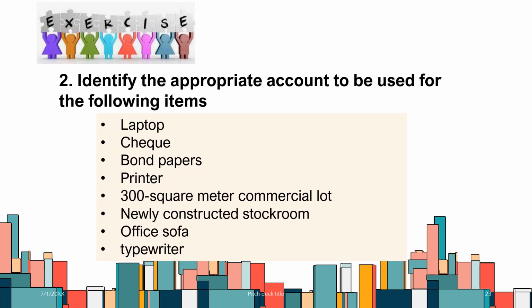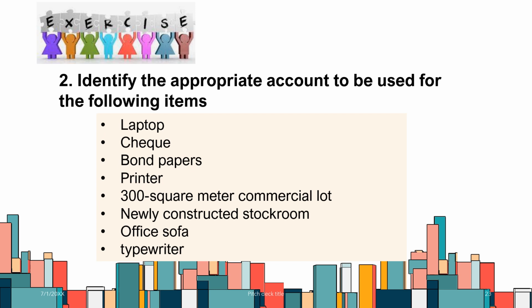It depends on the method, and you will learn that when we reach the discussion about deferrals, accruals, prepayments, etc. Next, printer. How will you classify it? You may use the account title equipment or office equipment.